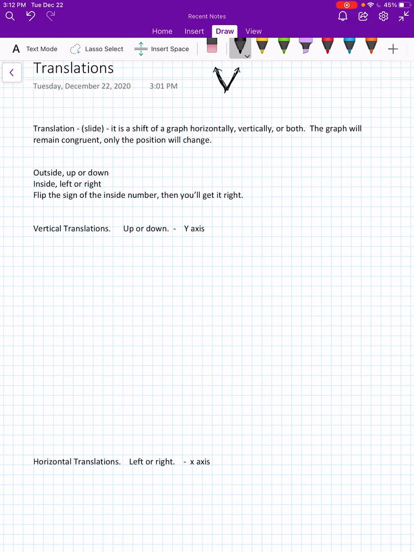If it's a really high coefficient of your x term, your slope is really high and it's really steep, after the translation it's going to remain exactly the same steepness, but just where it's located on the coordinate grid is going to change. It's not going to get steeper or less steep, just the position of where it's located will change.